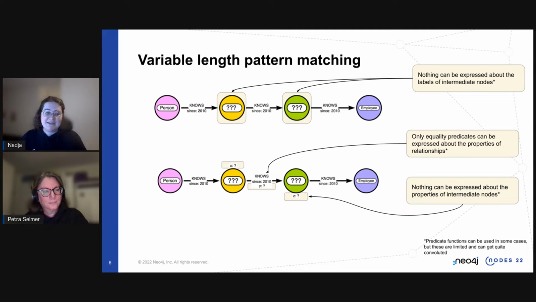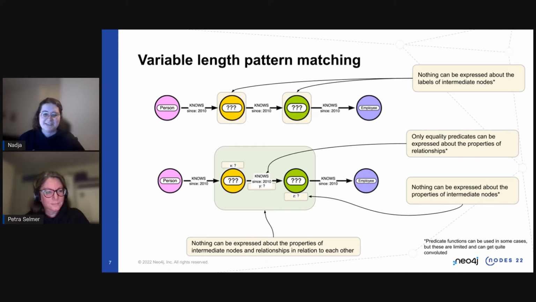So that means we can't really express that we want to know all the relationships where we know people since 2010, for example. And also an interesting case that is not possible to express is how those properties relate to each other. So you cannot express that the property X on the yellow node should be equal to the property Z on the green node.